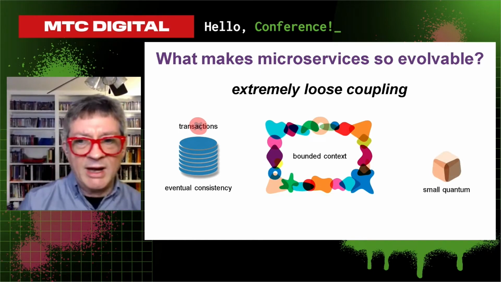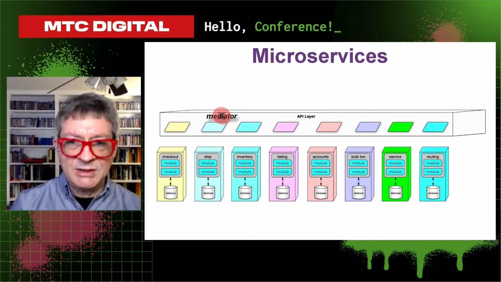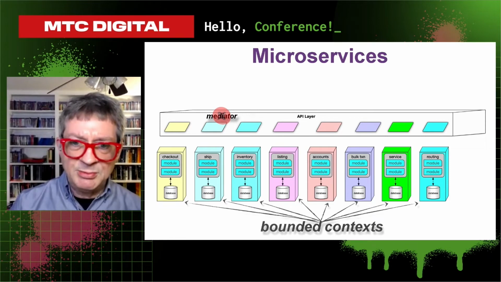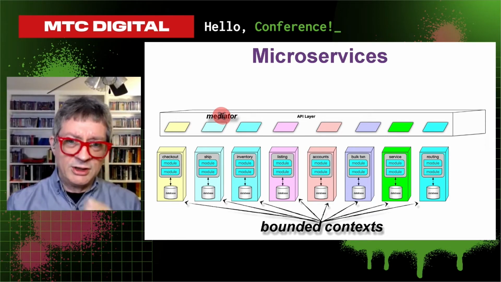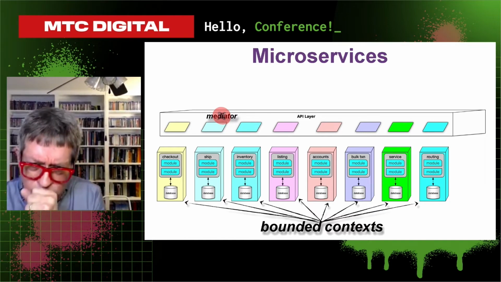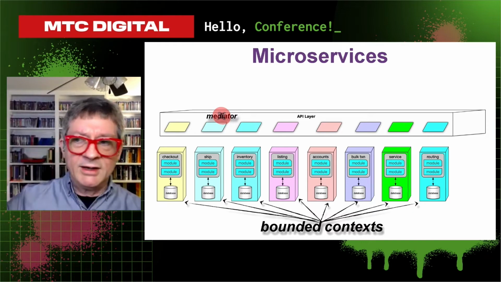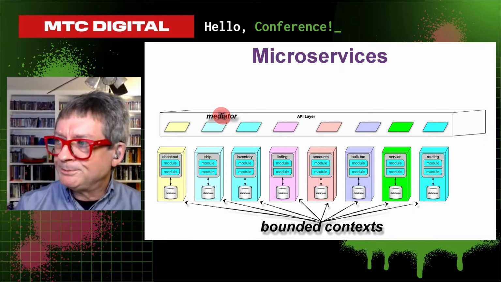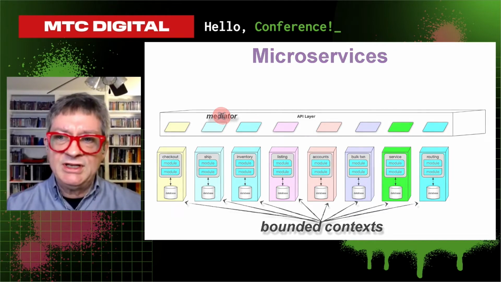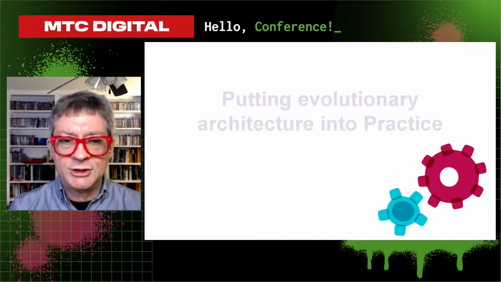And so that's why in microservices, you never see this API layer used as a mediator or something like an enterprise service bus, because all interesting behavior is supposed to appear in a bounded context within that architecture. You don't want to accidentally break a bounded context and put business logic in something like a mediator.